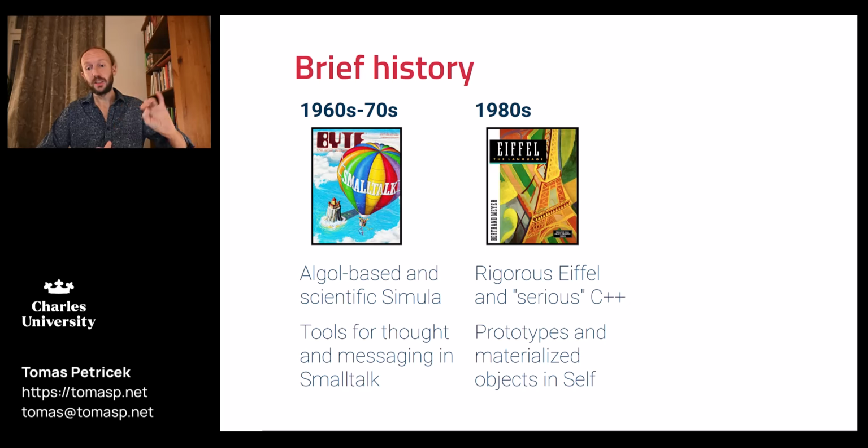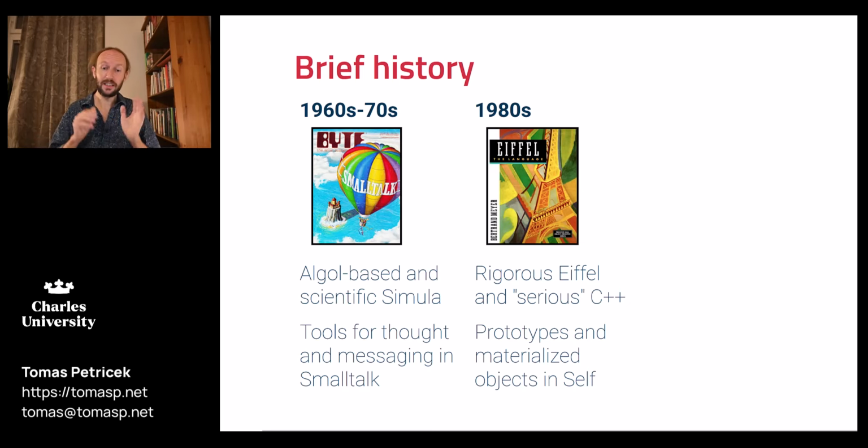And other languages like Eiffel tried to build a solid engineering discipline around object orientation. The name of the language was chosen because they admired the Eiffel Tower, which was built according to the given schedule and on budget. So they were hoping that object-oriented programming can do the same for software engineering.